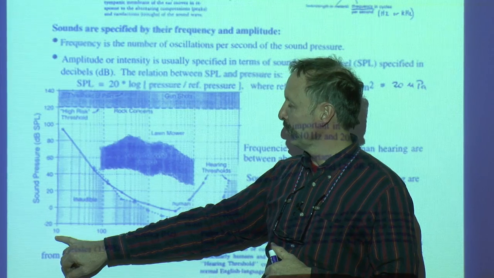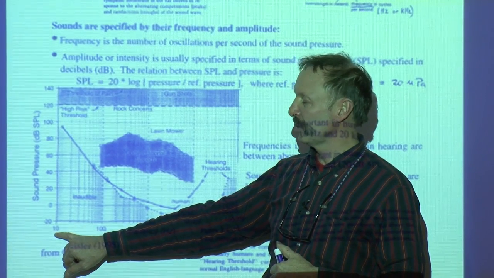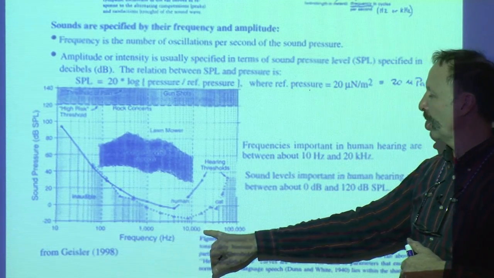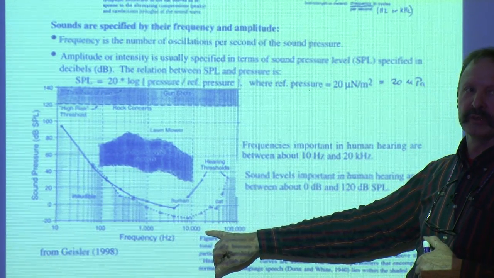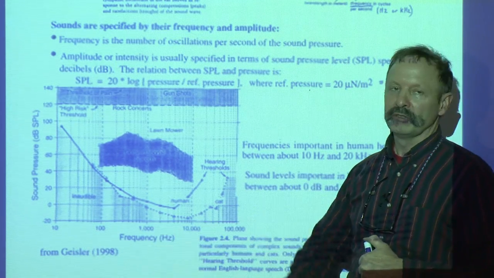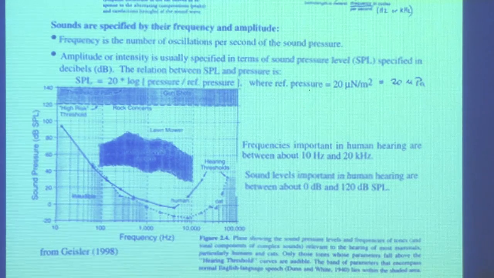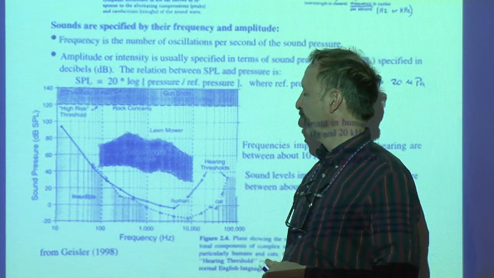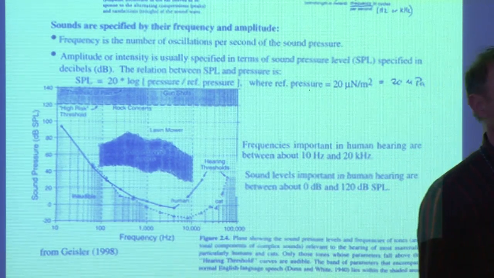Usually the lower limit for human hearing is considered to be about 10 cycles per second, or 10 hertz, and it extends all the way up to 20,000 cycles per second. And in the middle of the human range, we'll be talking about hearing a lot at a middle frequency of about 1,000 hertz. So that's a nice round middle frequency for you to remember for human hearing.